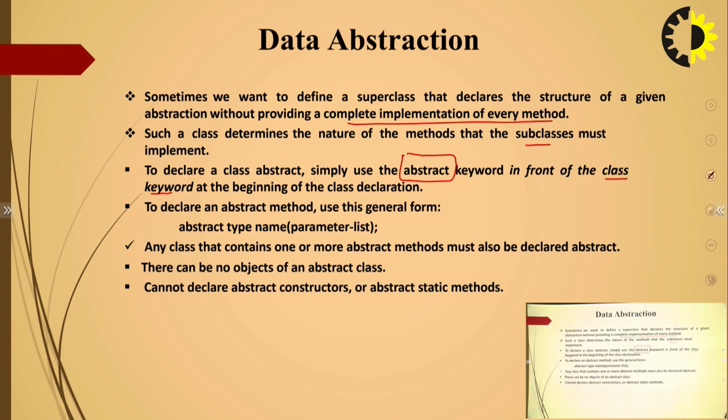An abstract method can be defined in this form: abstract as a keyword, then the type, then the name of the method, and then the parameter list. So if we want to define a method as an abstract method, I will use the abstract keyword just before the method, and if I want to define a class as abstract, I will use the abstract keyword just before the class keyword.